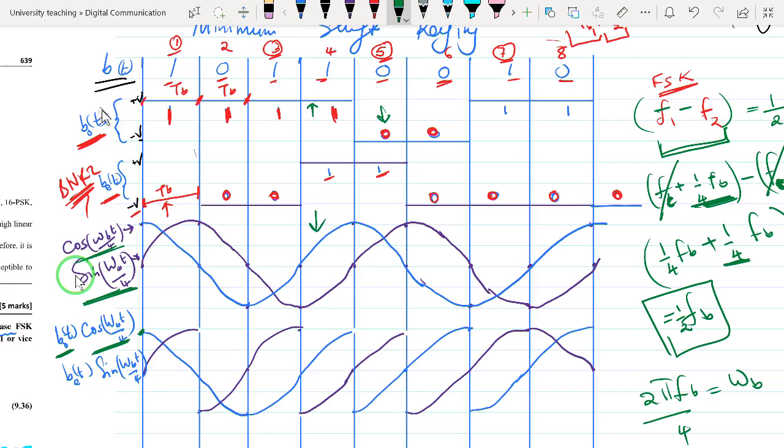So we are multiplying this odd bit stream times the cosine. When you multiply this cosine with this bipolar NRZ wave, whenever there is a transition from 1 to 0, we have a transition from positive to negative, and that means this blue wave will change phase to be 180 degrees out of phase. That is what a -1 means. So if we had cosine theta and multiplied it with -1, this is equivalent to cosine of theta plus pi.